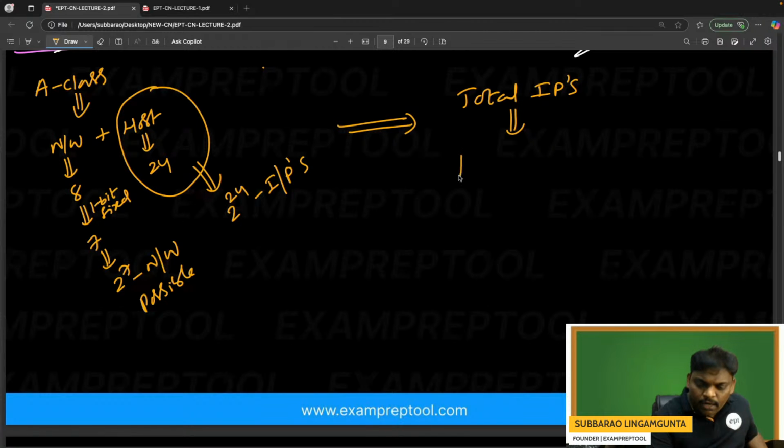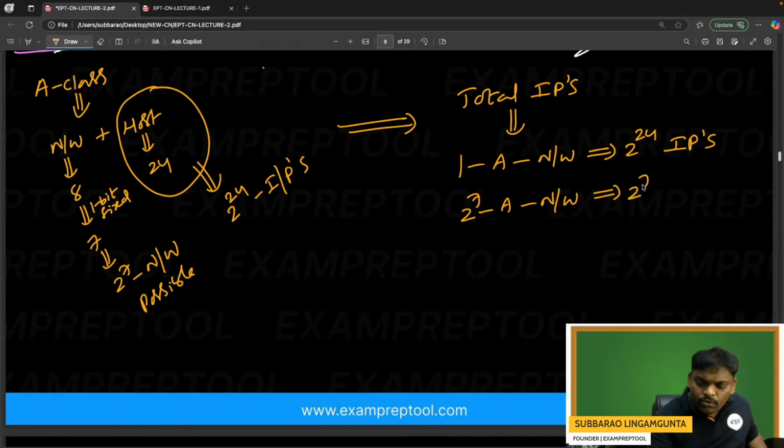Remember, one class A network contains 2 power 24 IPs. There are 2 power 7 class A networks. So total IPs are going to be 2 power 7 into 2 power 24, which is 2 power 31 IPs in class A. Will you agree with this?